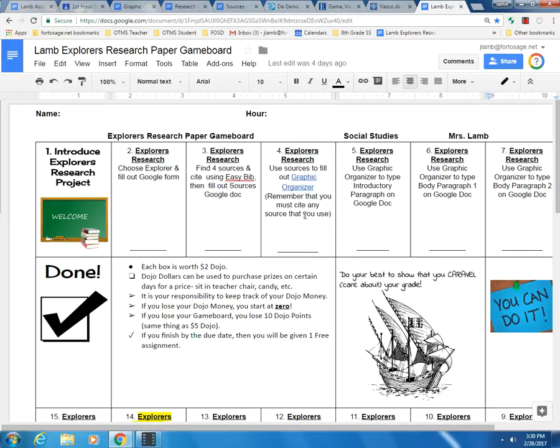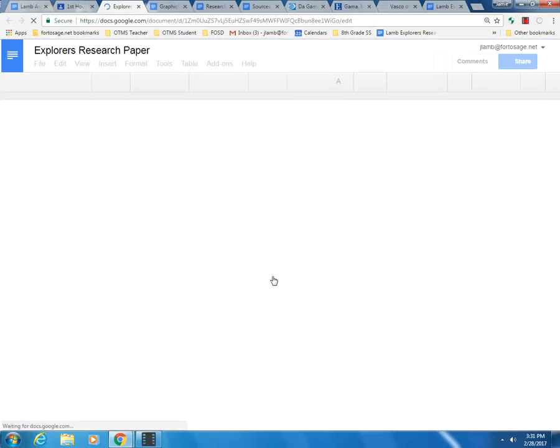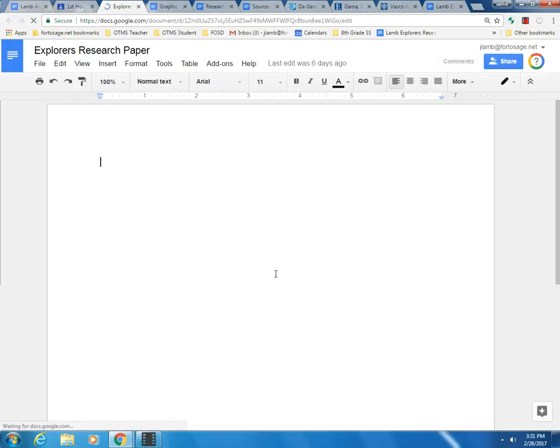If you finish the graphic organizer and you get a stamp here, then that's when you're going to start typing your paper. When it comes time to type your paper, you're going to go back into Classroom, and where you type your paper is where it says Explorers Research Paper. It'll have your name on it, and it's just a blank Google Doc. I will make a different video to talk about specifically what to put on here.